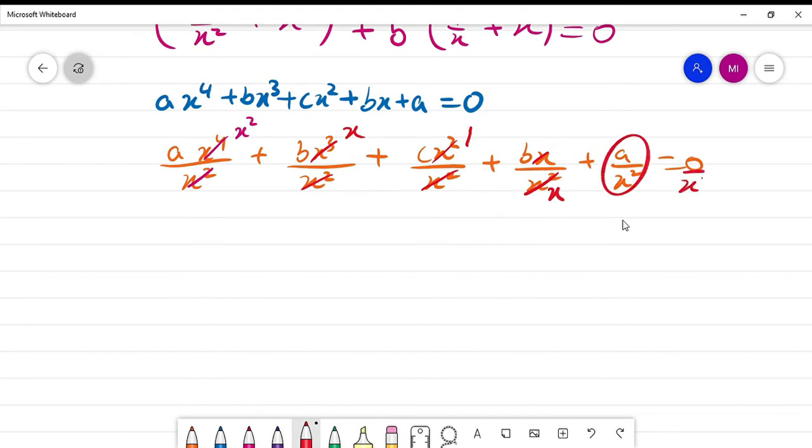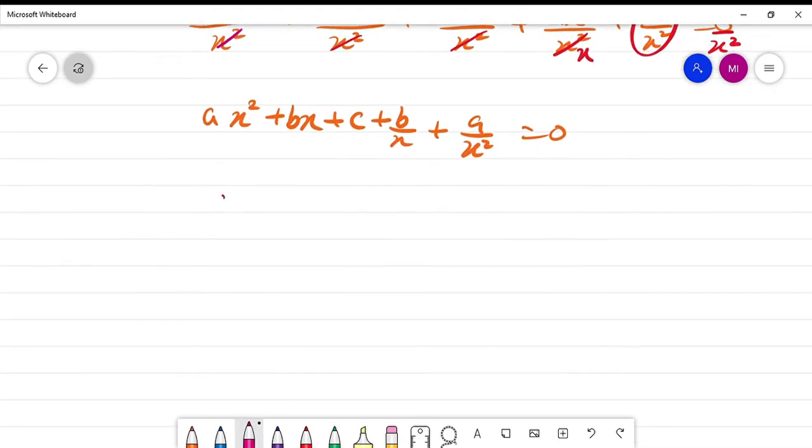We could also write divide by x squared on the right, but it doesn't make a difference, because 0 divided by anything is 0. So we get ax squared plus bx plus c plus b divided by x plus a over x squared is equal to 0.